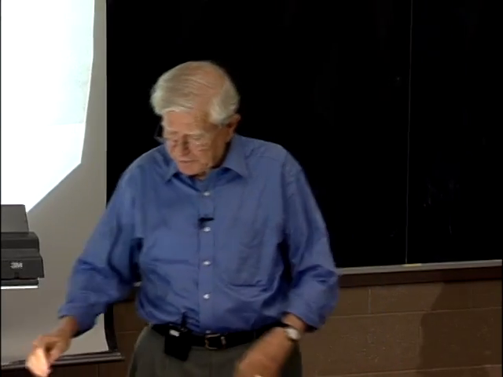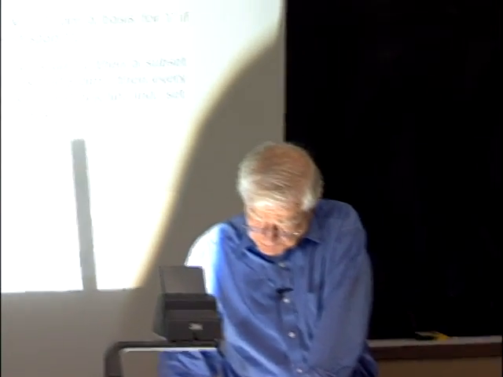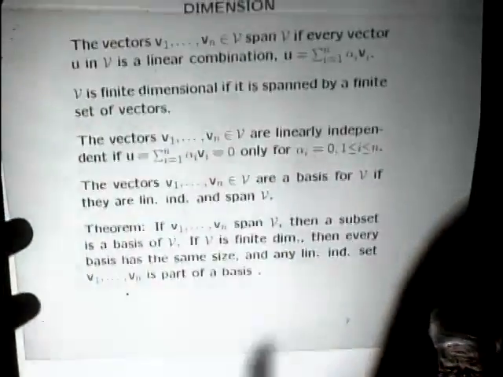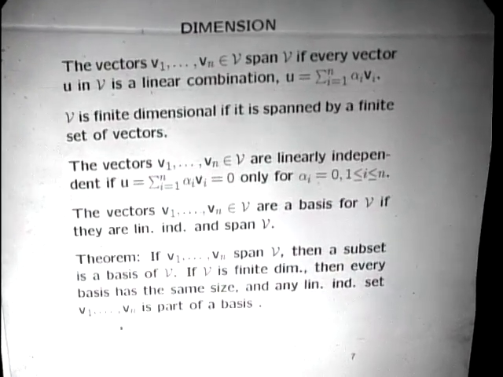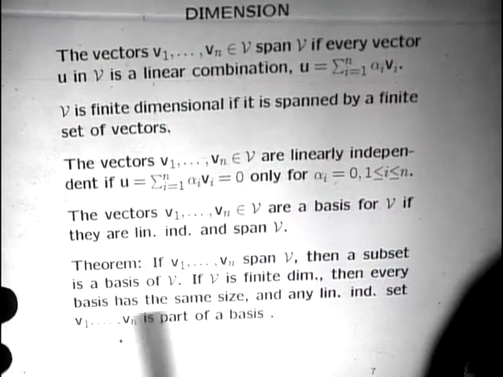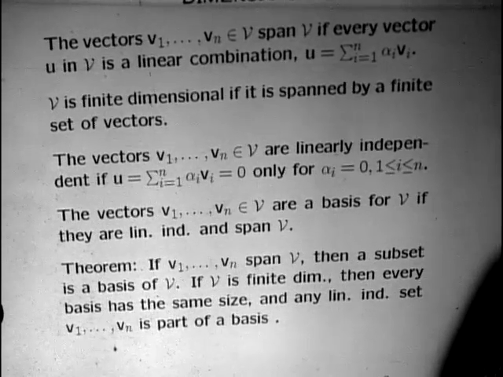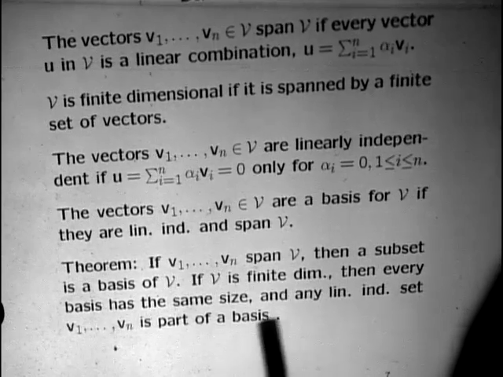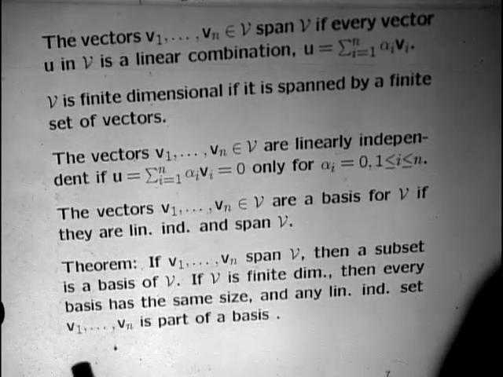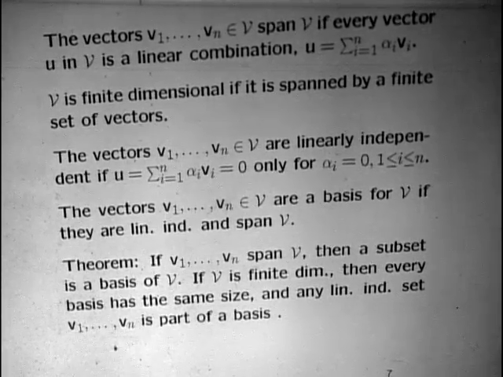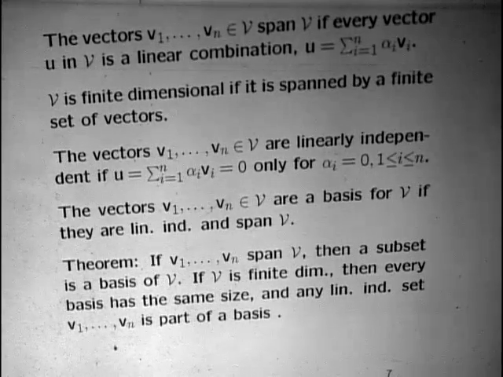The next part of it is, if V is a finite dimensional space, then every basis has the same size. This, in fact, is a thing which takes a little bit of work proving. And also, any linearly independent set, v1 to v sub n, is part of a basis. In other words, here's another algorithm you can use.